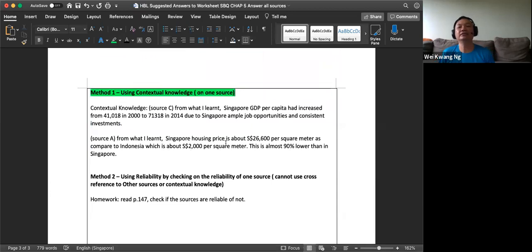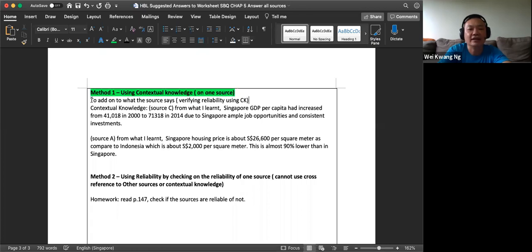Method number 1 is I want you to use your contextual knowledge. And what is the contextual knowledge supposed to do? The contextual knowledge is to add on to what the source says. So this is what we call verifying, or what we call reliability using contextual knowledge.